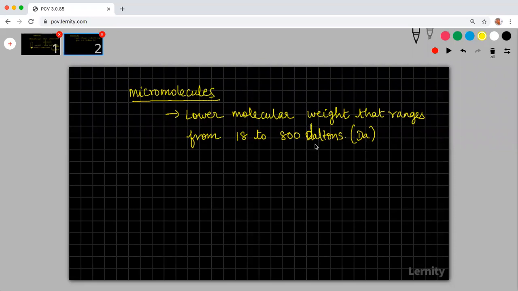Have you heard of this unit called AMU? This atomic mass unit is nothing but Daltons. So AMU and Daltons are the same thing.